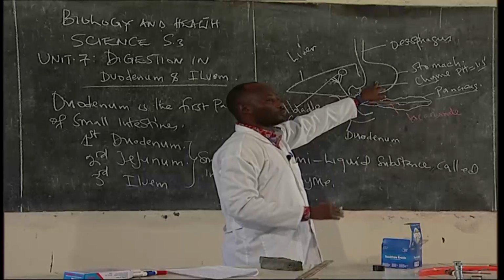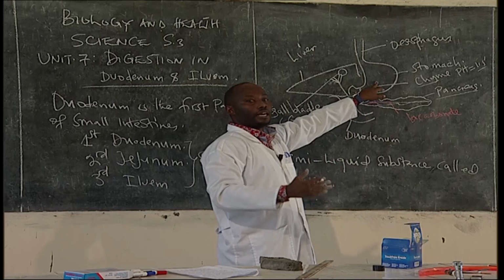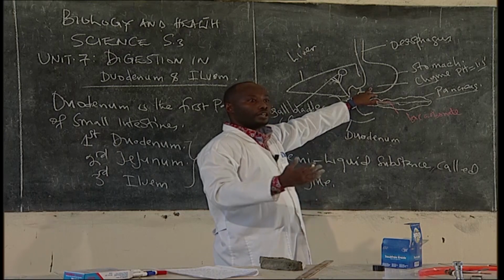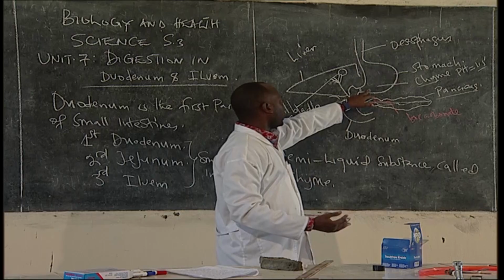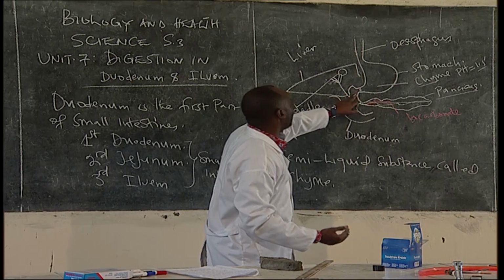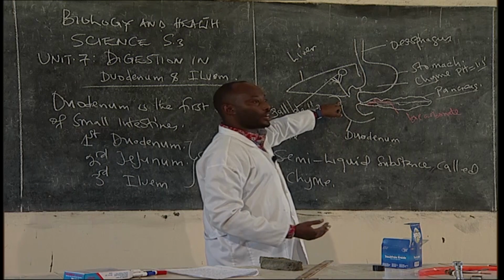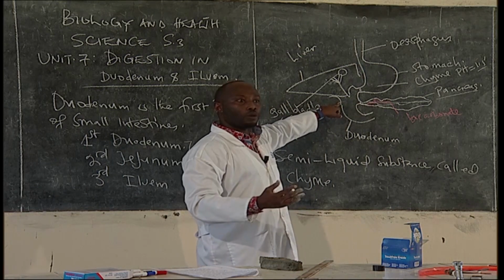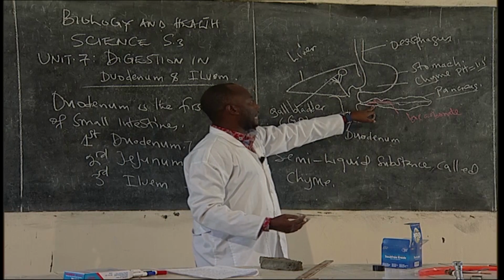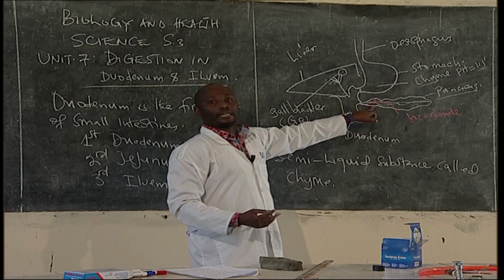The food is churned after mixing with the gastric juice and released as a liquefied substance called chyme. The chyme is released into the duodenum, and it stimulates the walls of the duodenum to secrete the hormone called secretin, which stimulates the pancreas to release pancreatic enzymes.